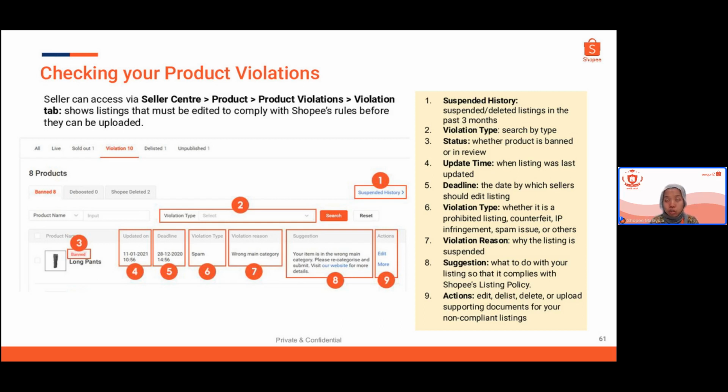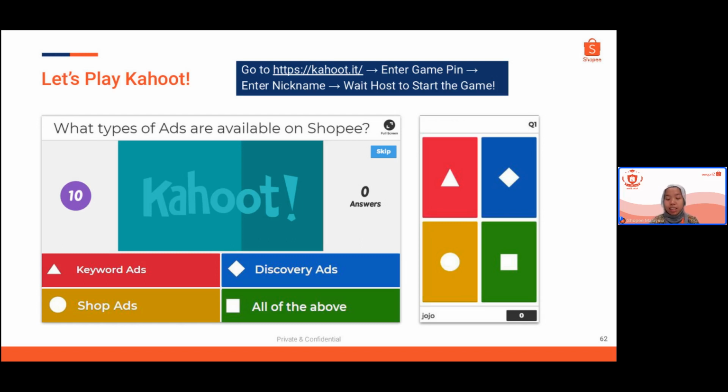If you are not sure, feel free to hover your cursor, or if you're on the Shopee app, you can click on the question mark icon or a small icon, where we will put the violation reason and what the suggestion is. We do not want to leave you in the dark, so once it is done, you can then publish your products accordingly.